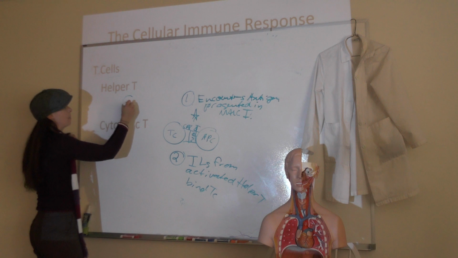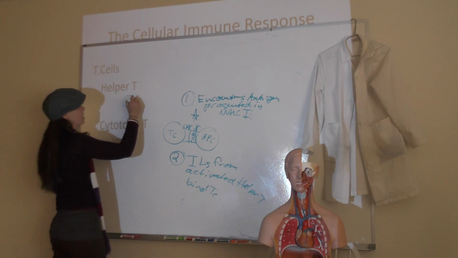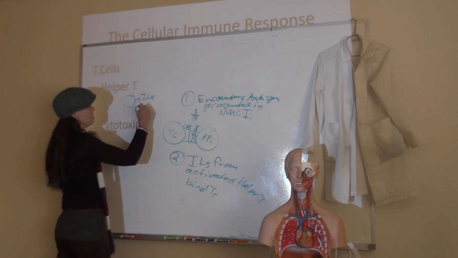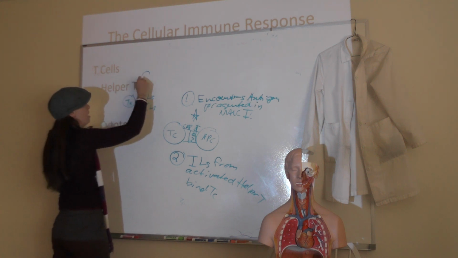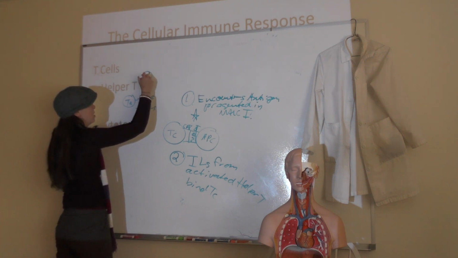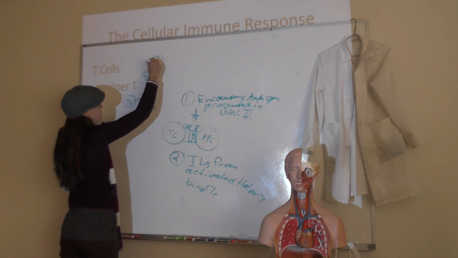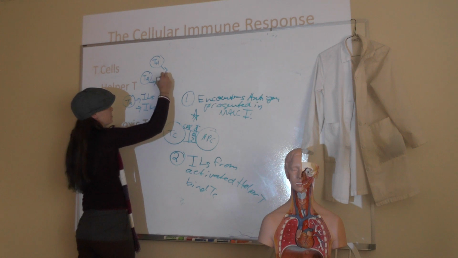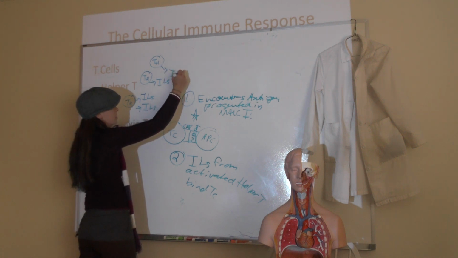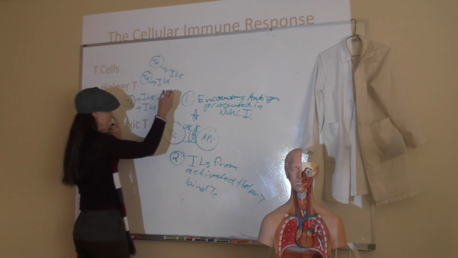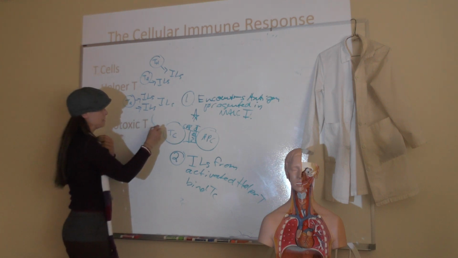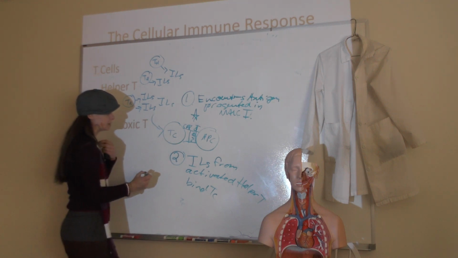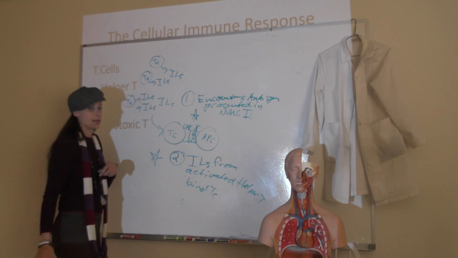So let's say this helper T cell is hanging out in a lymph node and it's doing its thing, which is to pump out interleukins. I'm a helper T cell, I was activated, I formed a clone, so there are actually a bunch of helper T cells here. We're in a lymph node and we're all doing our effector response, which is to pump out interleukins. Well, these interleukins can now bind to my cytotoxic T cell, and it's activated.